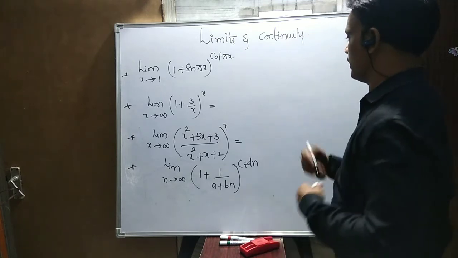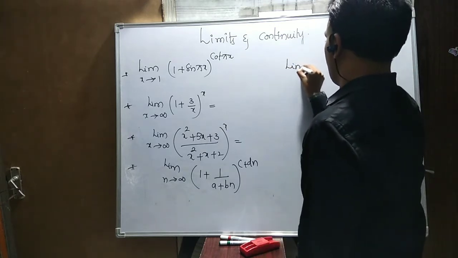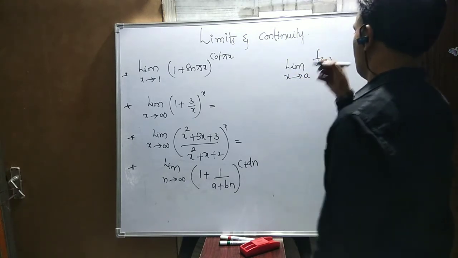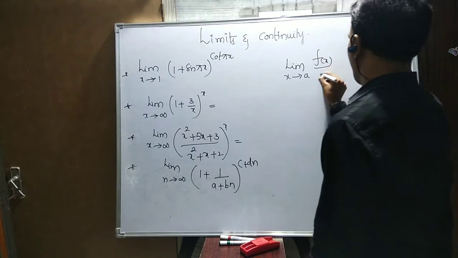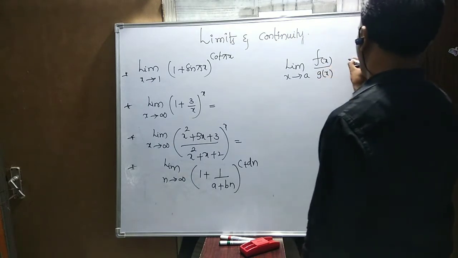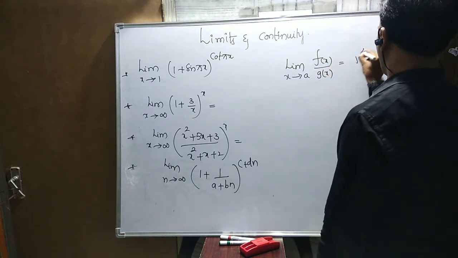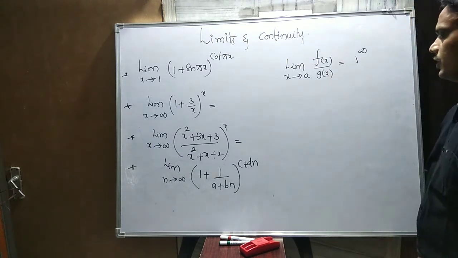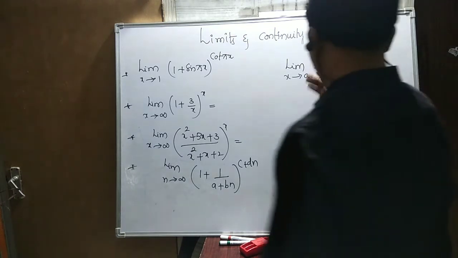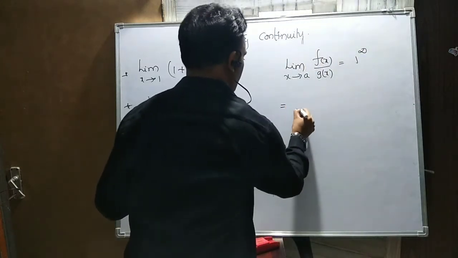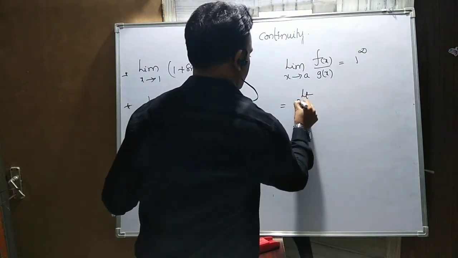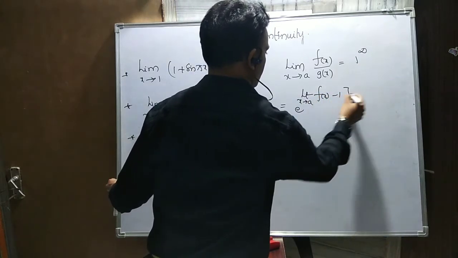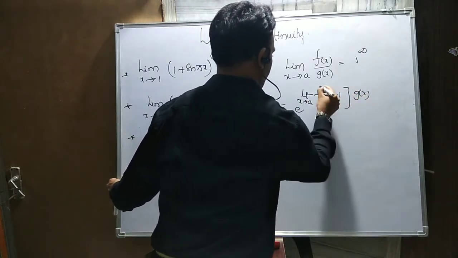Whatever the limit is, if the limit as x tends to a of f of x to the power g of x is in the form of 1 power infinity, then this limit is equal to e power limit x tends to a of (f of x minus 1) into g of x.